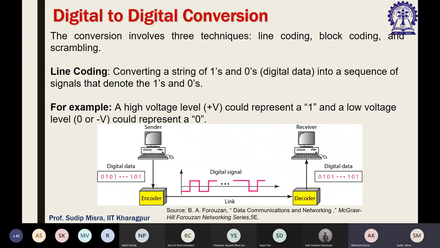So let us quickly get into what we were talking about, this encoding. We have digital data, and it has to be sent as a digital signal. So how is this digital to digital conversion going to take place?